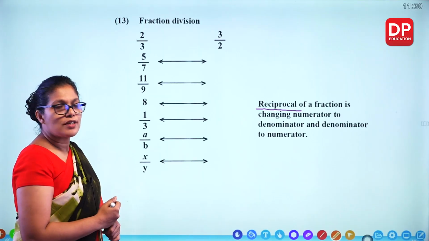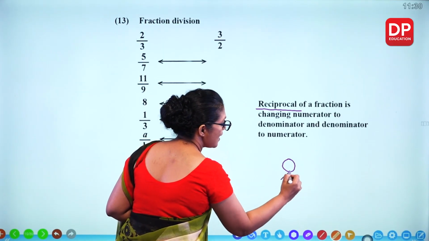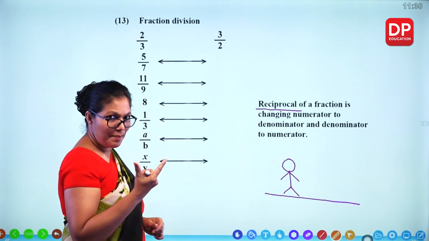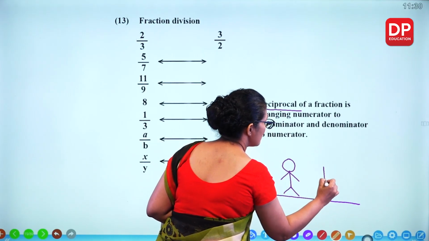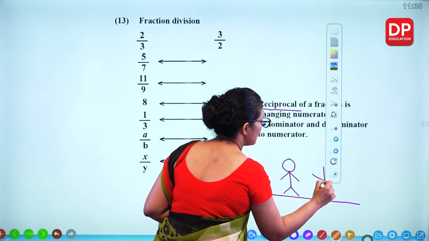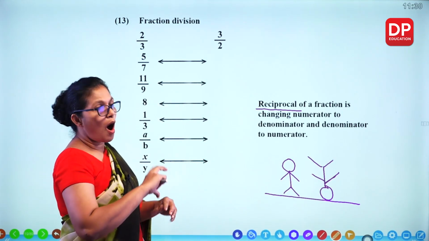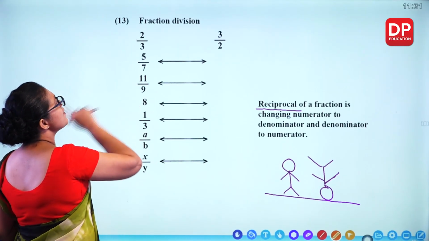Reciprocal of a fraction. When you take a fraction like this, reciprocal means the other way around, so upside down. 5 over 7 is there.